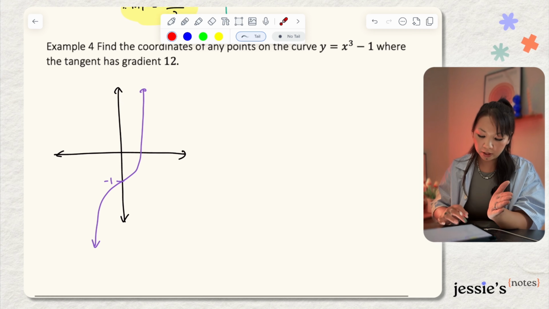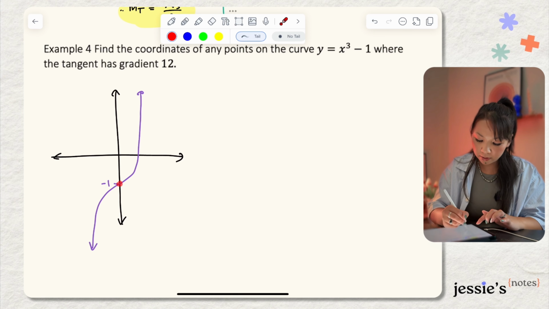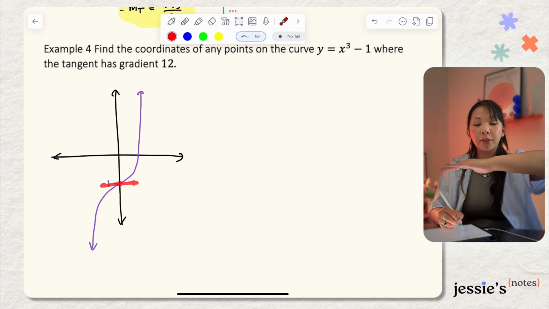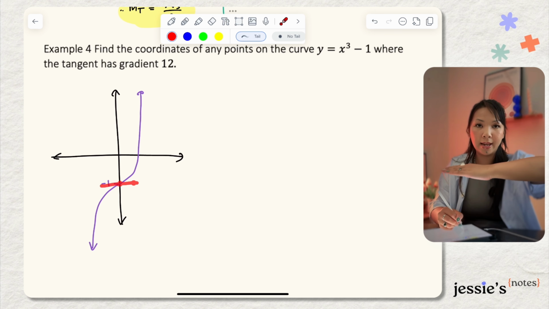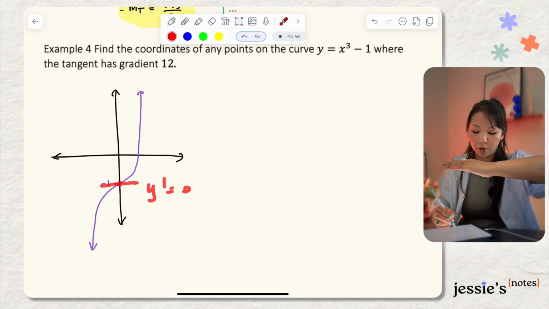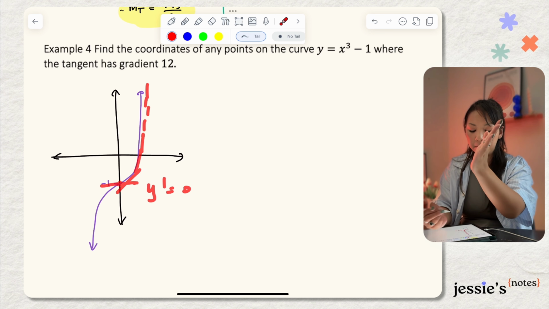Beautiful. Now we're trying to find any coordinates along this entire curve such that the tangent has a gradient of 12. Now let me explain what that might look like. So at this point here, do you agree that the gradient of the tangent is 0? Because cubics have something called a horizontal point of inflection. So at this point when x equals 0, y dash is 0. And then you can see that as I move along and increase my x value, it goes steeper and steeper and steeper.